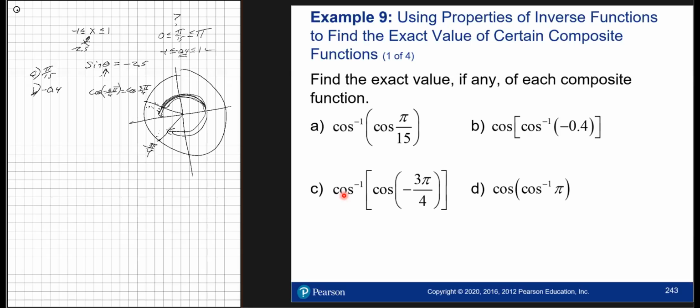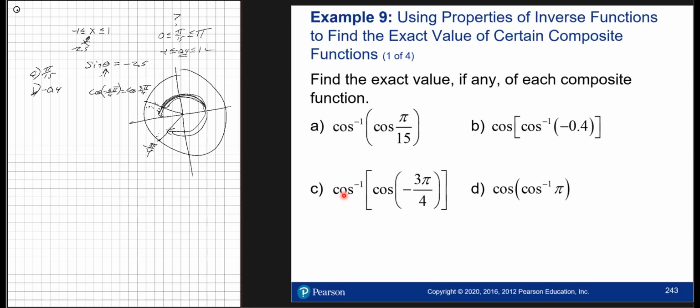So multiplying both sides by sine, we get 1 equals 2 sine theta. And then dividing by 2, we get 1/2 equals sine theta. Well, what angle gives us the sine of 1/2? That's pi over 6.